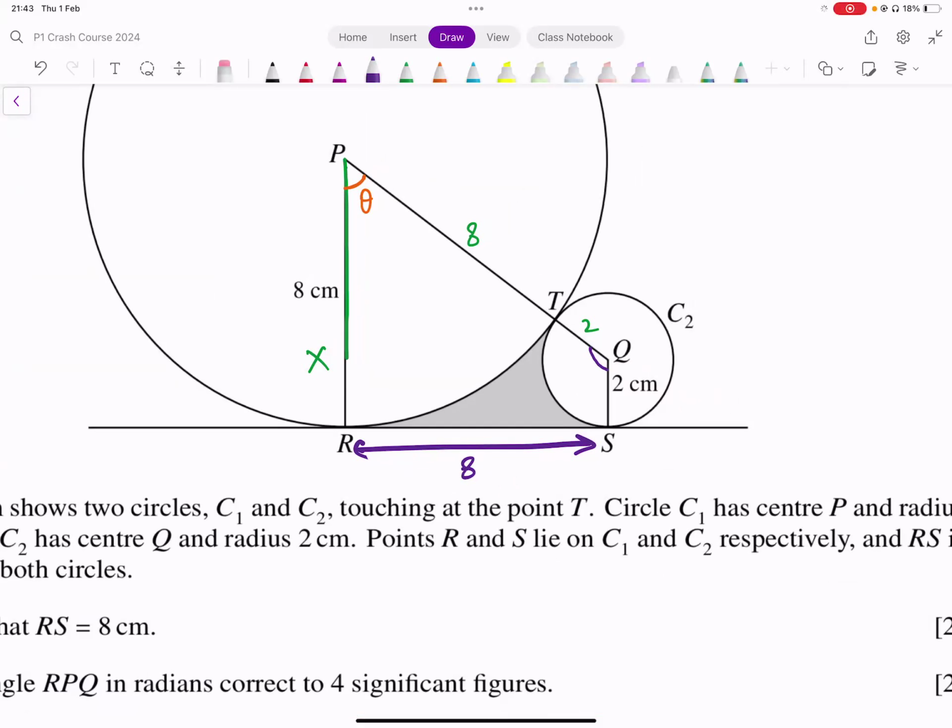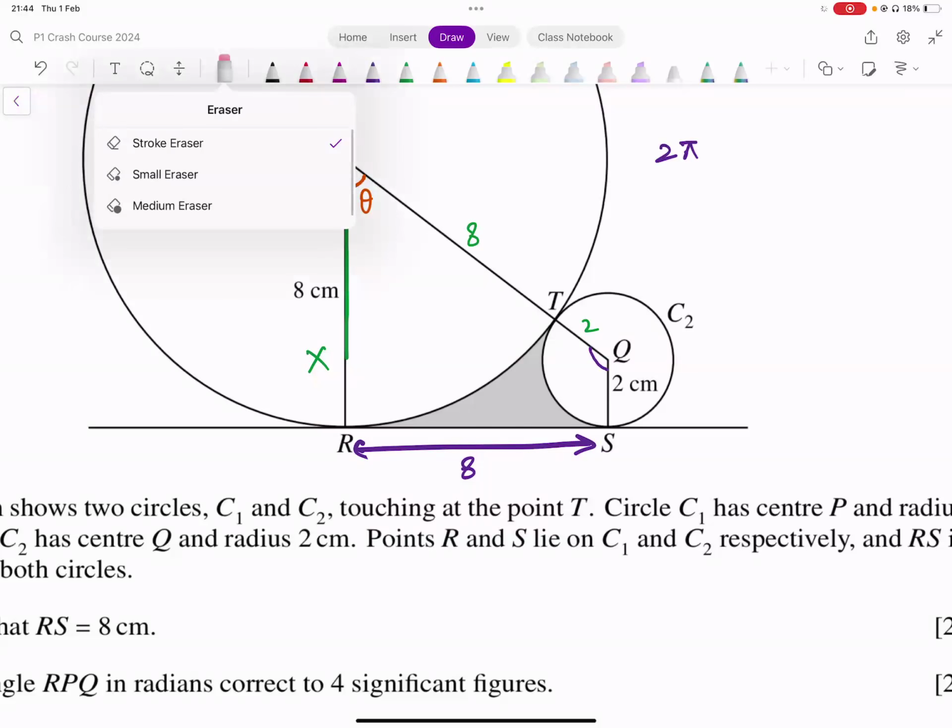Yes, Rajal? 360. But remember, we're working with radians. So 2 pi. So the total angle, the sum of all angles in this quadrilateral, that is 2 pi.